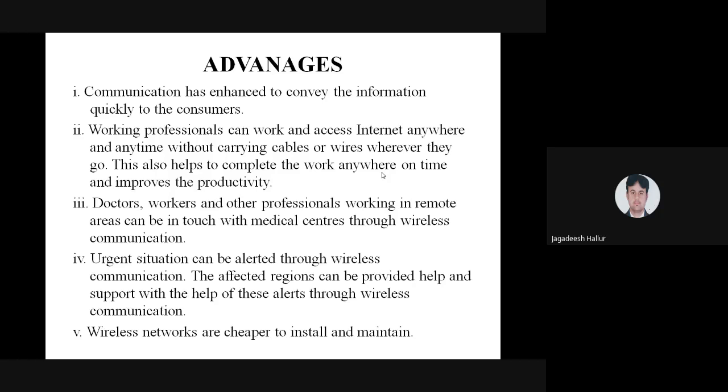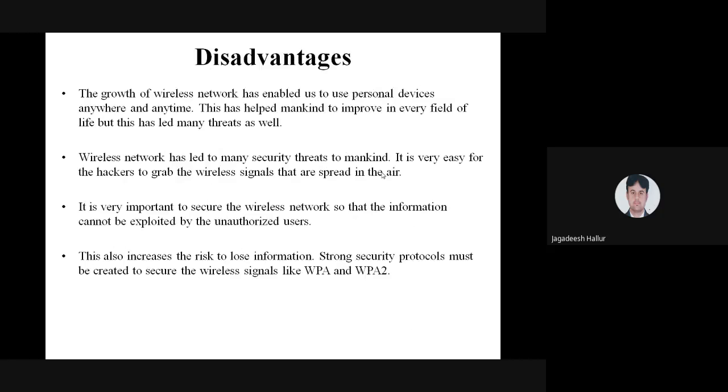I have given many examples. You see nowadays many examples of wireless communication; that also you can write. And what are the disadvantages? One of the main disadvantages is that security is not that good. That is the disadvantage of wireless communication.